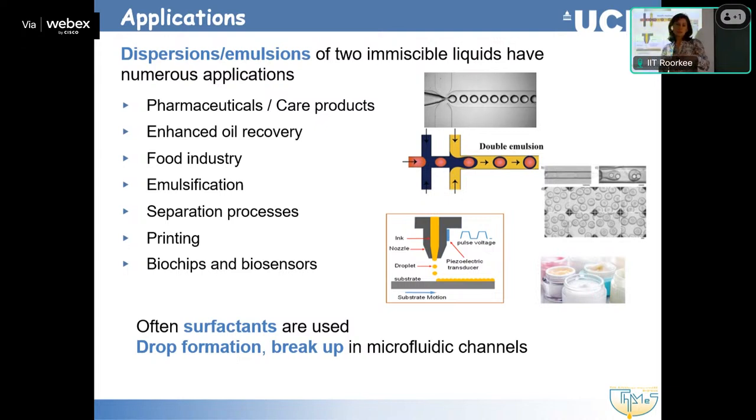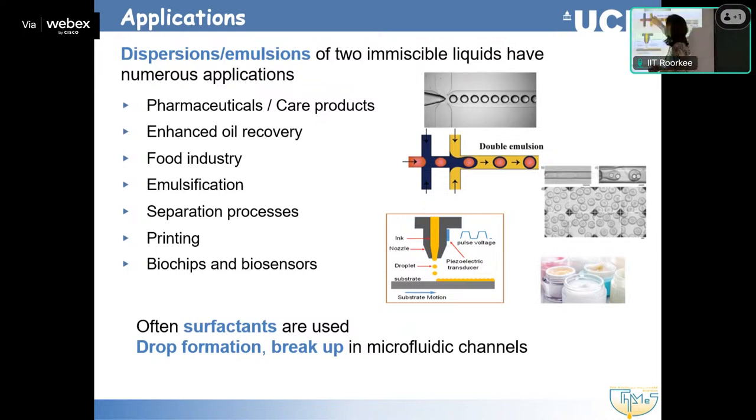But what I am focusing on today is the droplet regime. And there are many reasons why this is an important regime. And again, you've heard some of these applications.